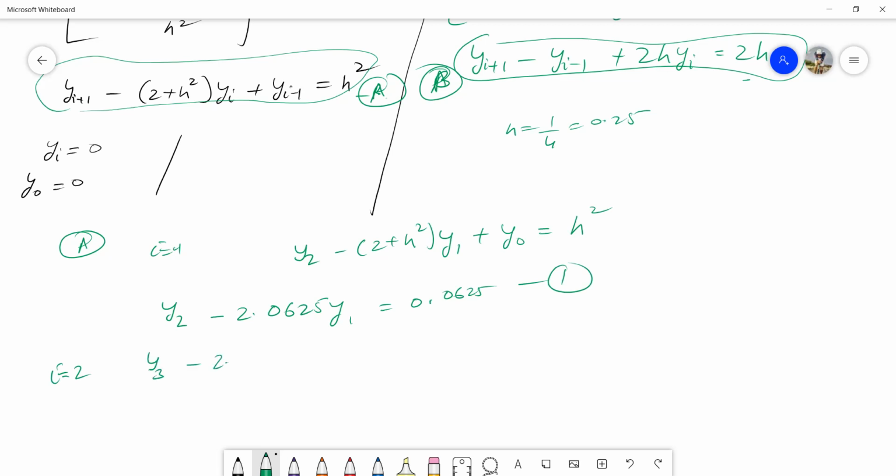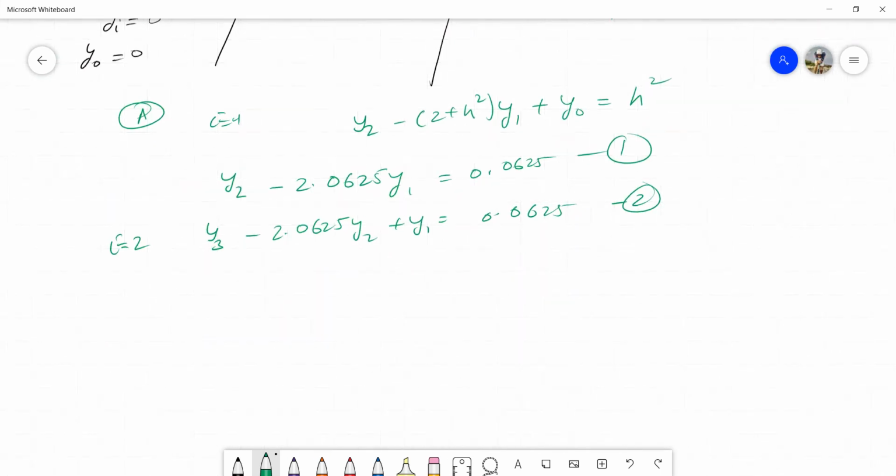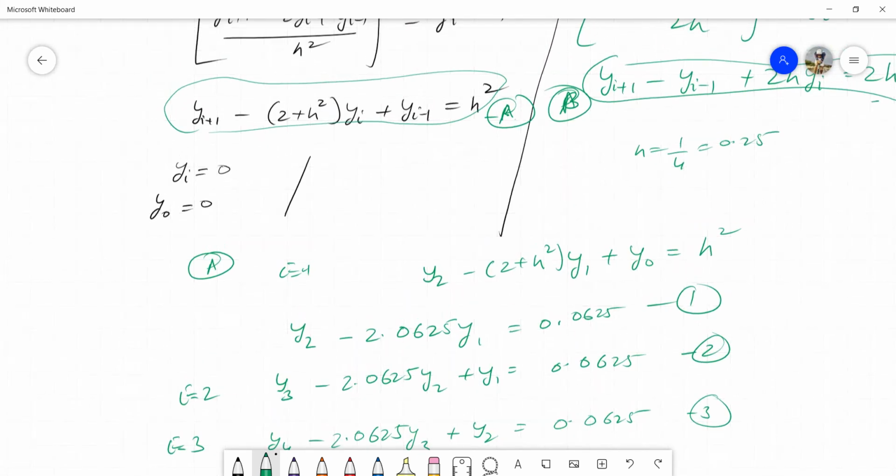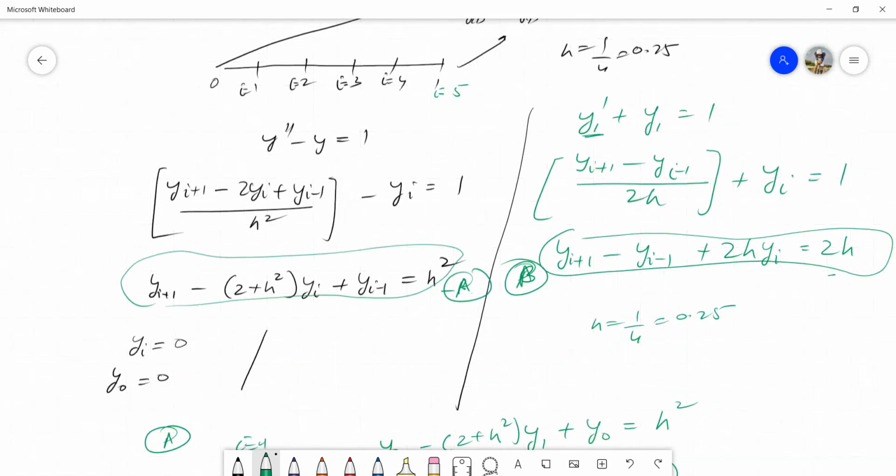First, i equal to 2, then i equal to 3, with the same form plus 0.0625. Since we have 4 divisions, we need y1, y2, y3 and y4.